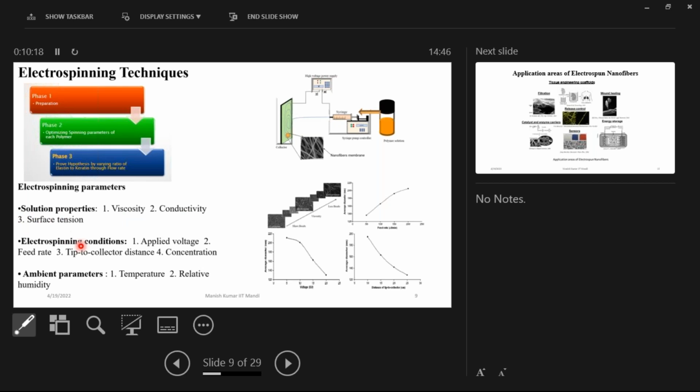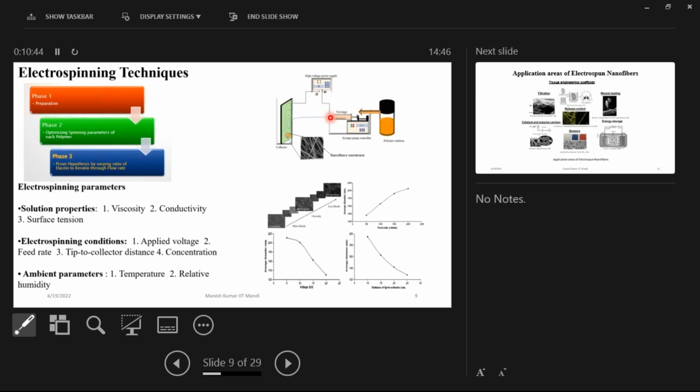Okay, so next are the electrospinning conditions: applied voltage, feed rate, tip to collector distance, and concentration. In the schematic diagram, first we prepare the polymer solution, then we feed this solution into the syringe pump, and then we apply a high voltage on the tip of the needle.